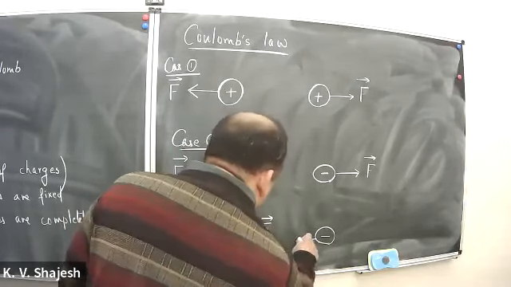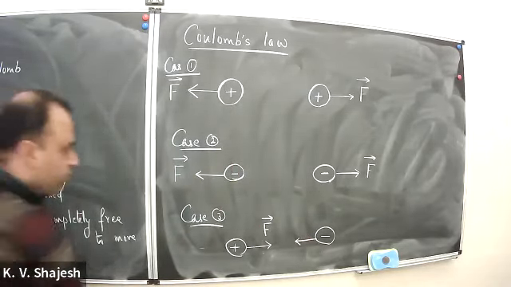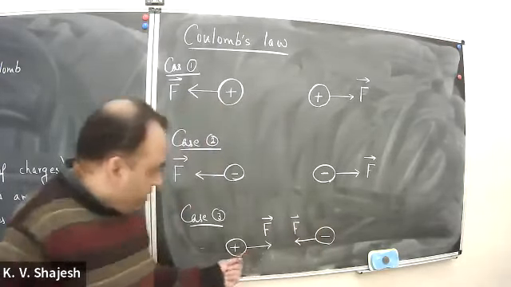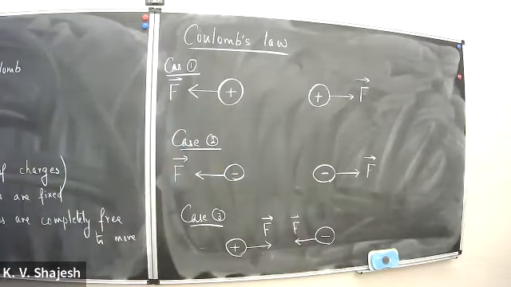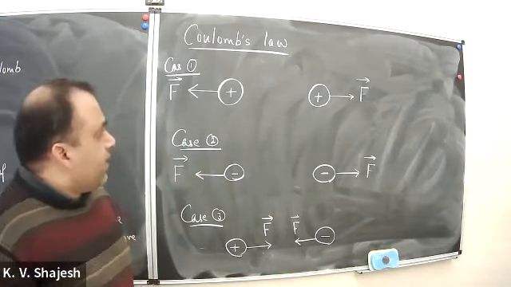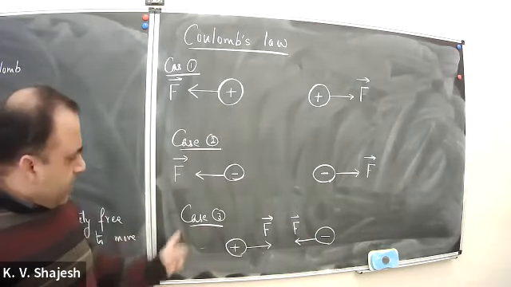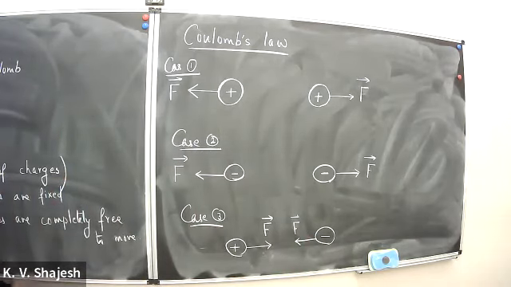Again, because of equal and opposite reaction, there are two forces, one exerted on the other. This charge pulls the other charge, but the other charge also pulls this charge in the opposite direction. So we often say that unlike charges attract, like charges repel.